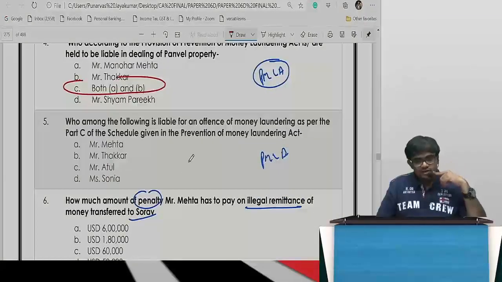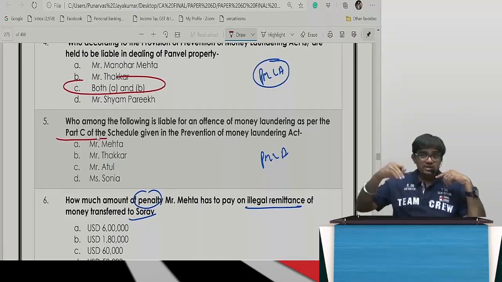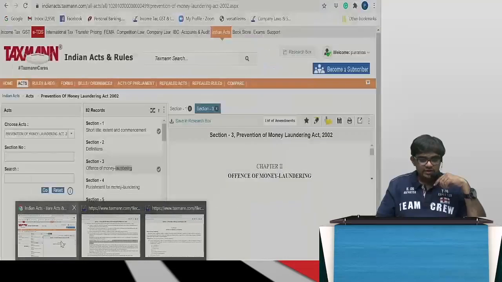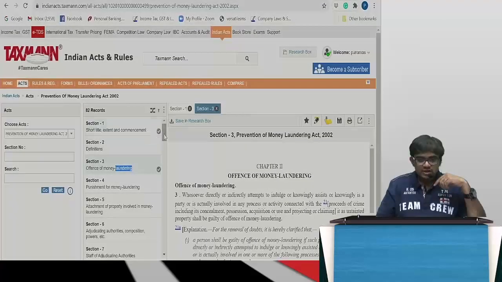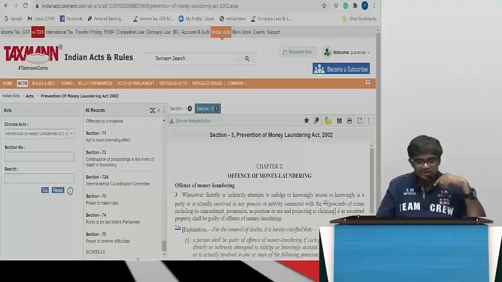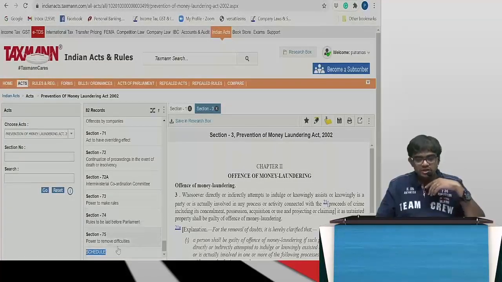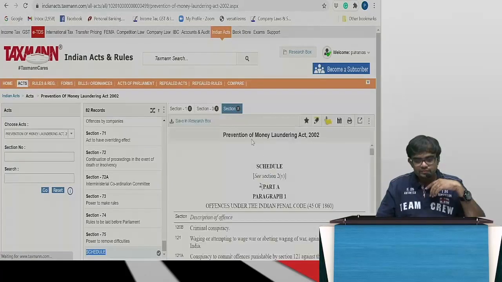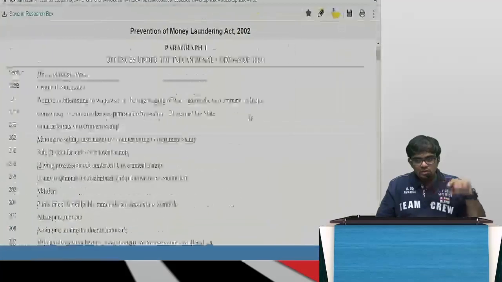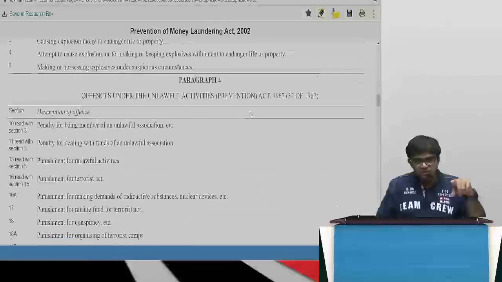Who among the following is liable for an offense of money laundering as per part C? The money went abroad, right? This was as per the schedule, which had what? Cross-border implications. Remember, guys? In the schedule, if I open, all these are wrong stuff, whatever you do.